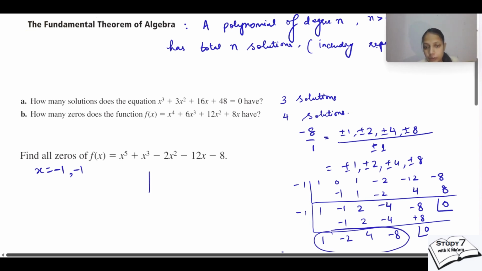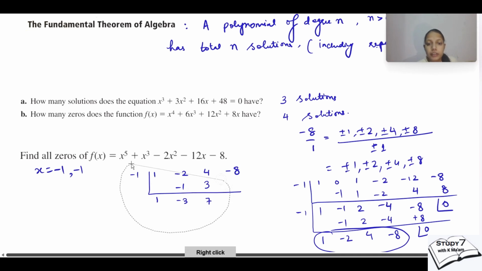Okay, let's try the other values. 1, minus 2, 4 and minus 3. If I try positive 1 here, it will not work. Let's try 1: 1, negative 1, 1 down, negative 1, it's negative 3, positive 3, 7, no, not working.